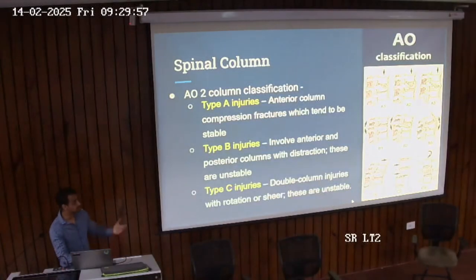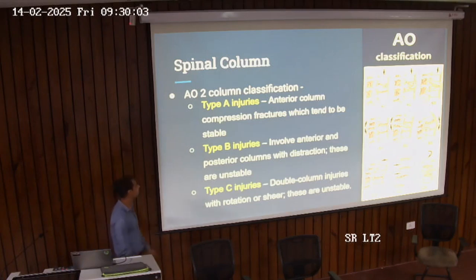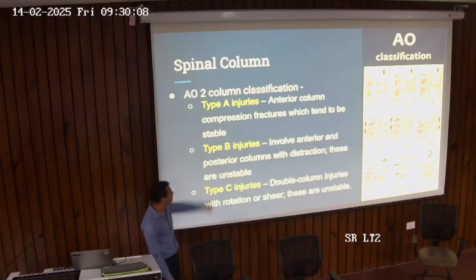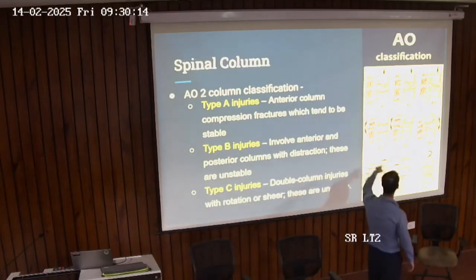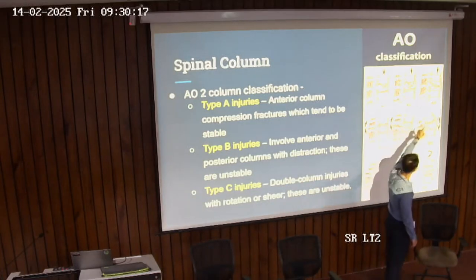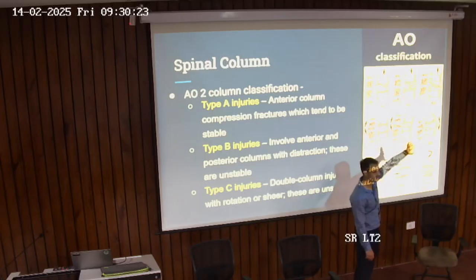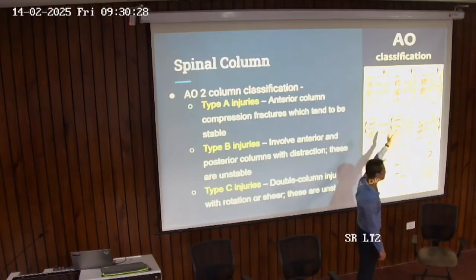Now this classification was made easier by AO, which divided the whole structure into just two columns. So in this, there was type A injury, type B injury, and type C injury. Type A injury is where only the anterior column is damaged. So A1, A2, A3, you can see only the anterior vertebral body is damaged. Everything in front of the posterior longitudinal ligament is the anterior column, everything behind the posterior longitudinal ligament is the posterior column.